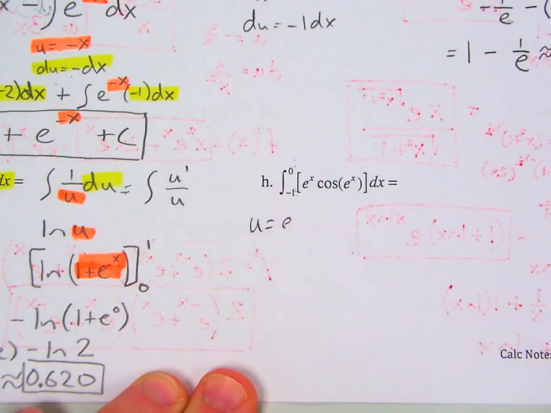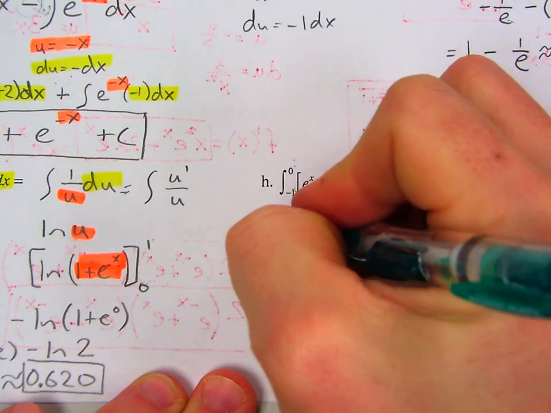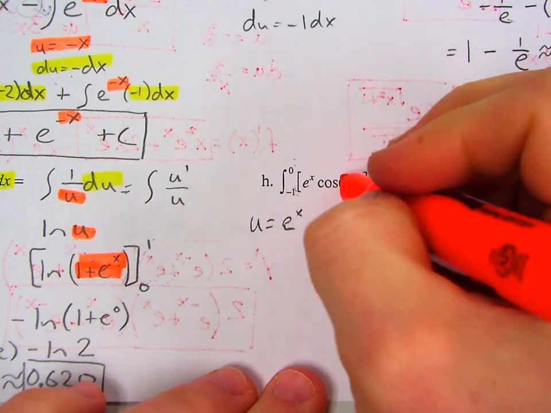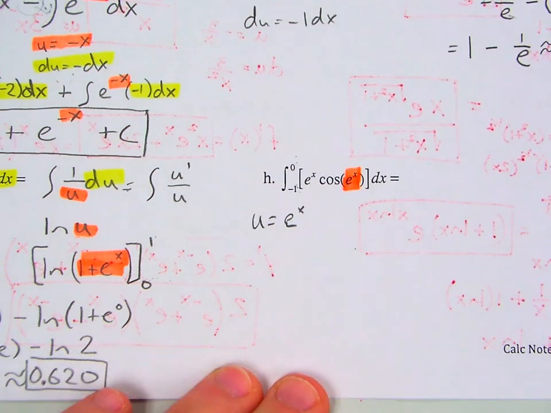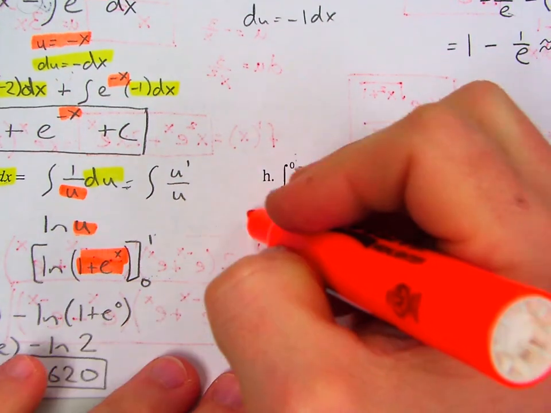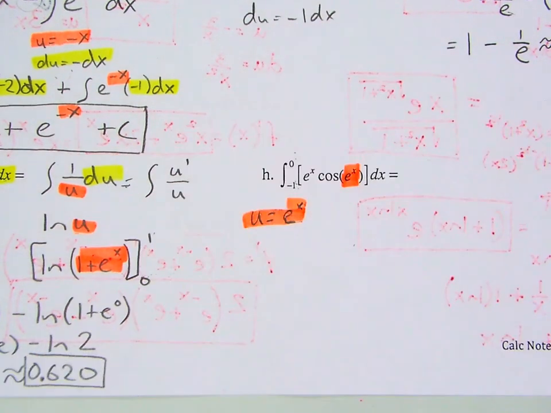So a lot of times, when you have your trig functions, whatever you're taking the trig function of, you're going to let that equal your u. It's a very common thing.